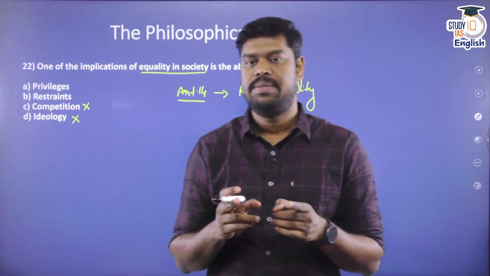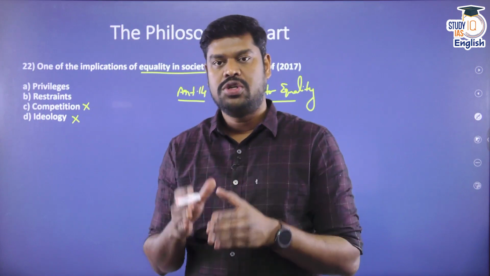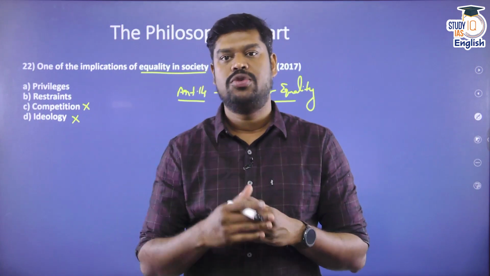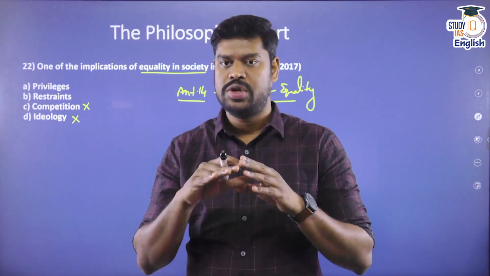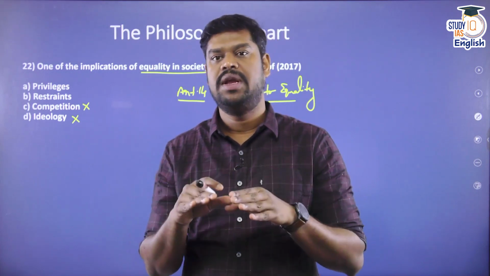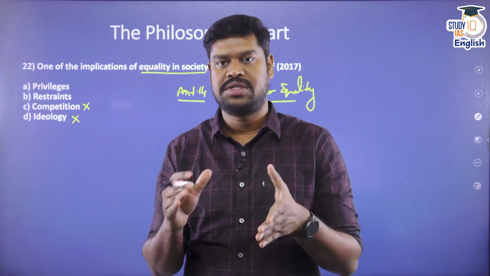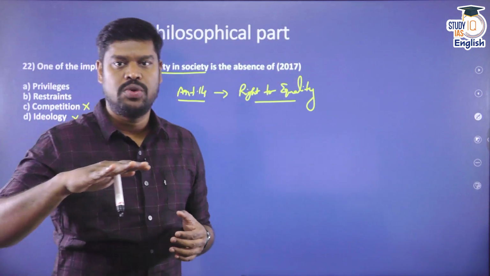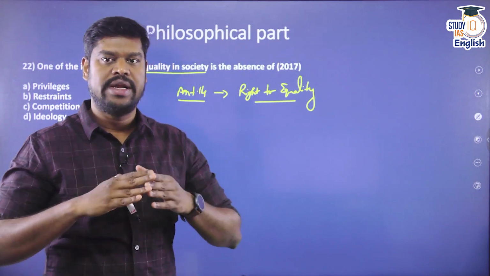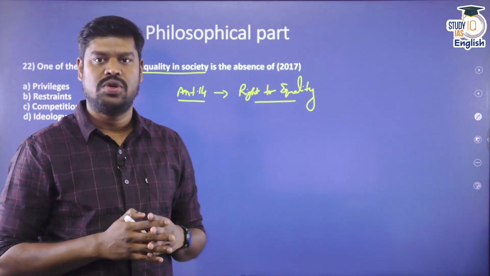As I already said, please understand the constitution in our country, or for that matter in most of the countries, they give the rights to the people and they also ensure equality to the people. That doesn't mean that their rights cannot be restrained at any point of time. So please understand, right to equality means only equal treatment, and equally the rights of the people can be restricted. So that is also true.